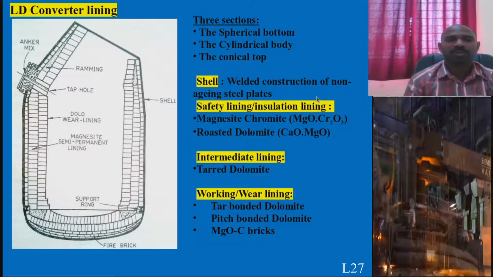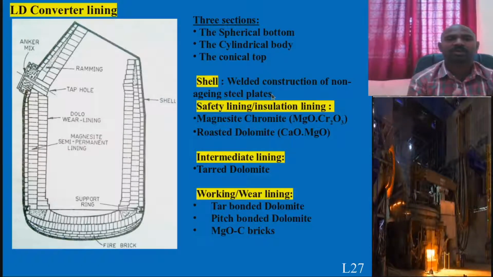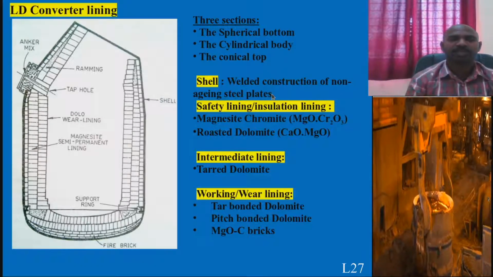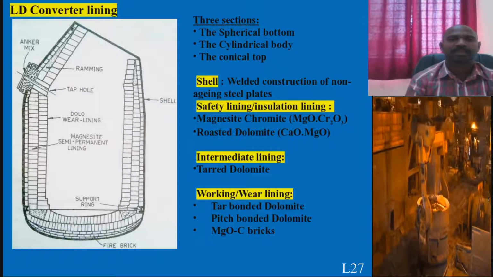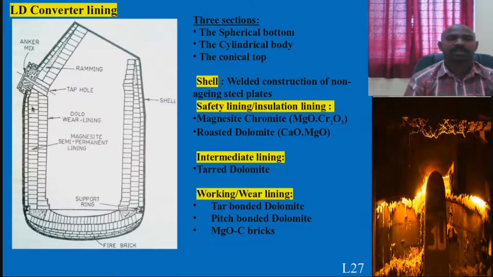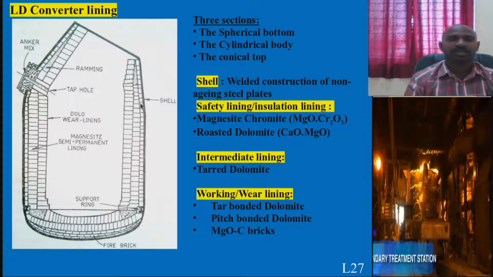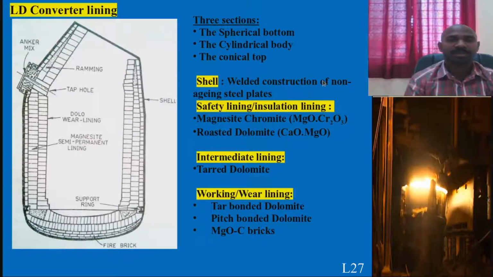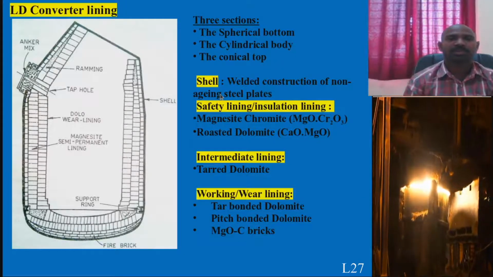The advantage of non-aging steel is that you get good formability, which is low carbon steel. You can take out this entire sheet, this cylindrical part, and make a sheet without any defects. That is one more advantage of non-aging steels, which have good formability.